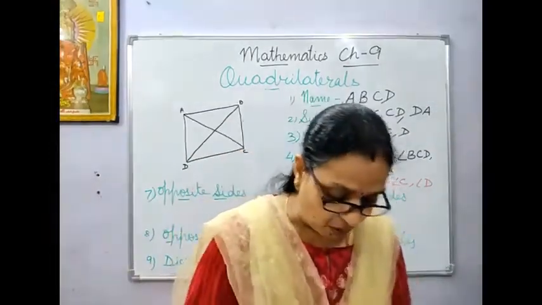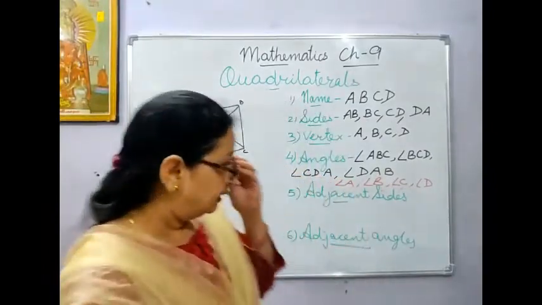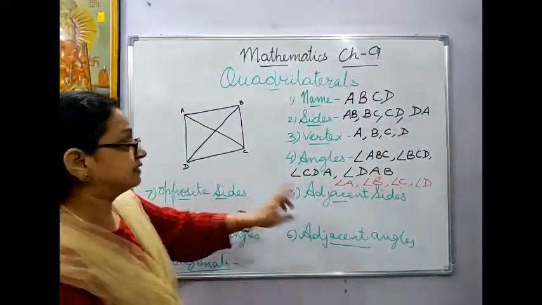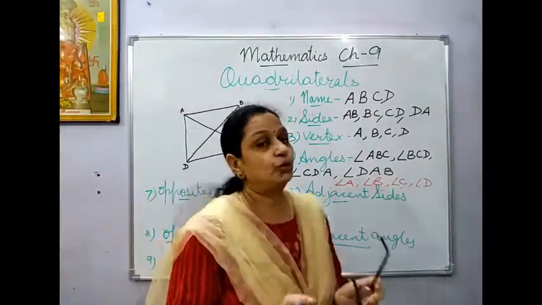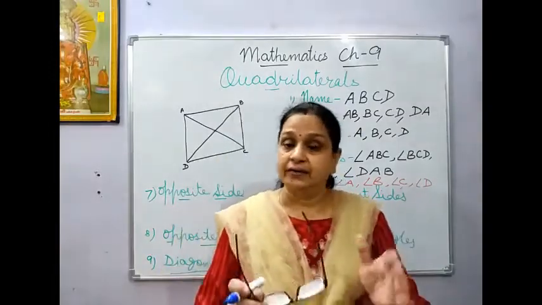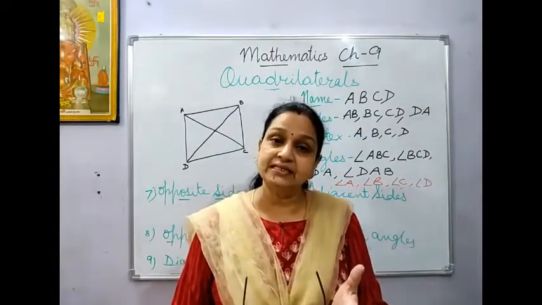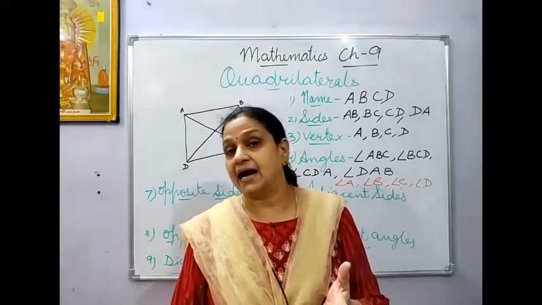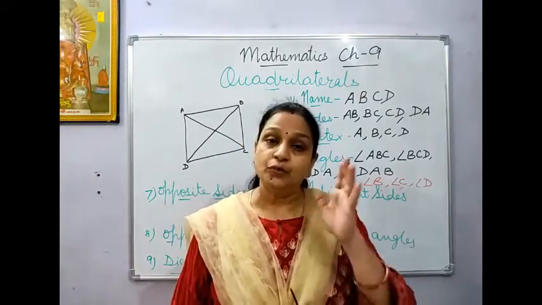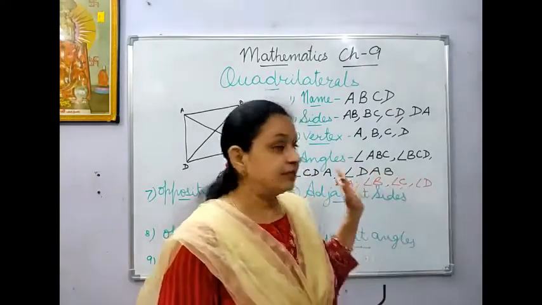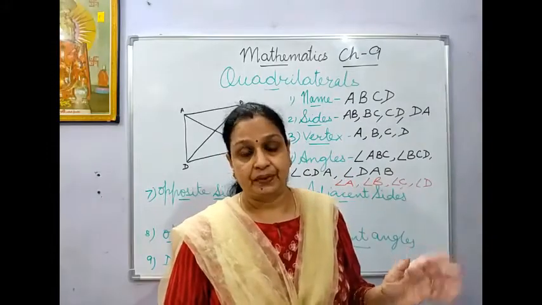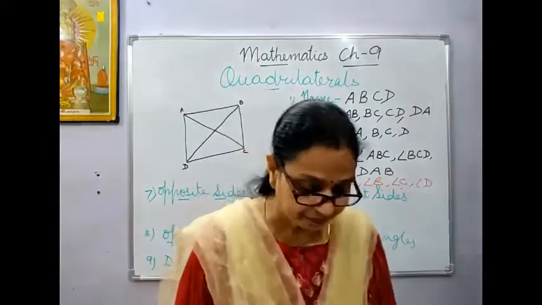Now we move on to, now see here, adjacent sides. Children, these are two very important points related to quadrilateral: adjacent sides, adjacent angles and the diagonals. So please pay your attention at this point. First I'll read it.